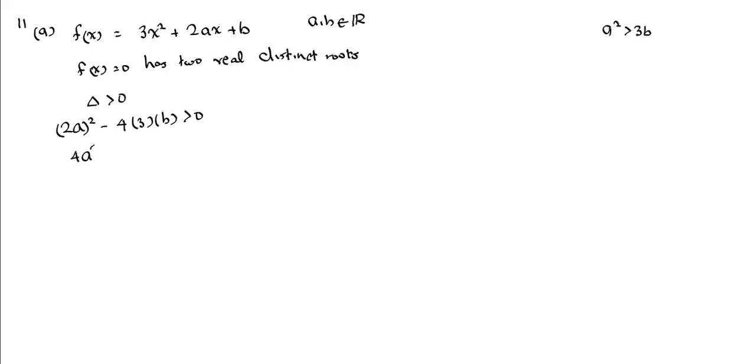So this will be 4a squared minus 12b greater than 0. You can take 4 out: 4 times (a squared minus 3b). Obviously 4 is positive. Therefore, to make this whole thing positive, this part must be positive, which means a squared is greater than 3b. We have proved.